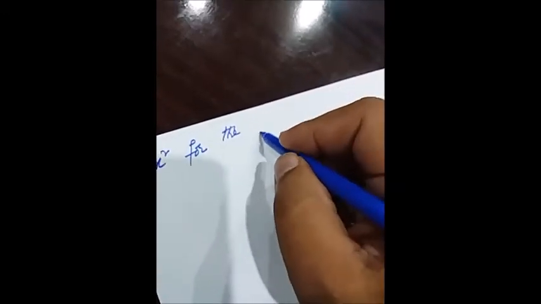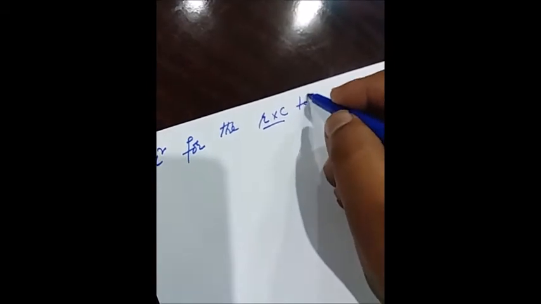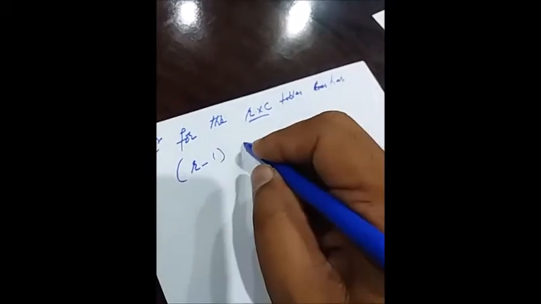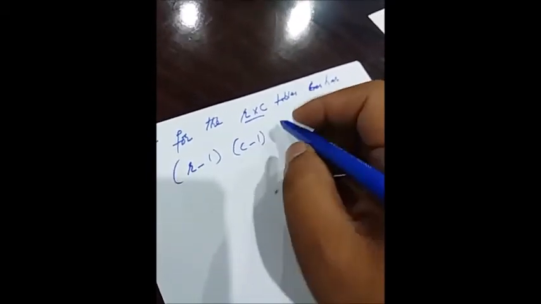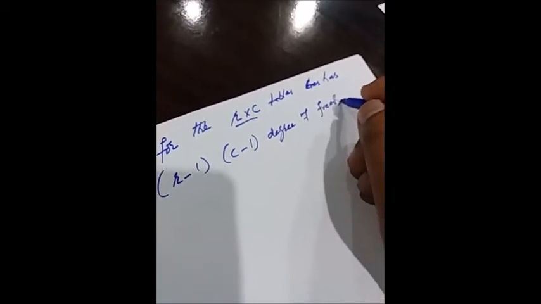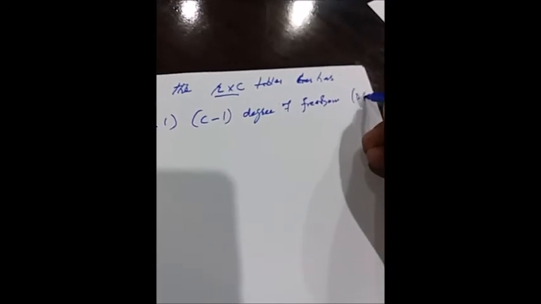Here, the chi-square for the row multiply column table has (r minus 1)(c minus 1) degrees of freedom, which we can say df.